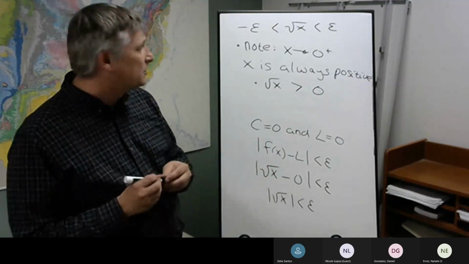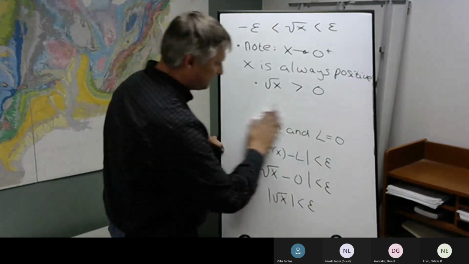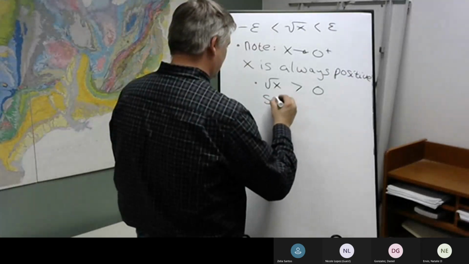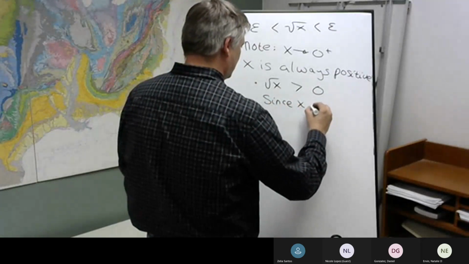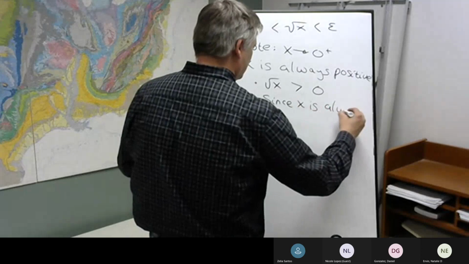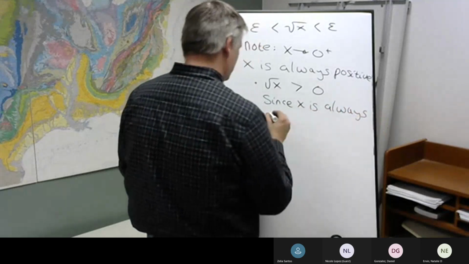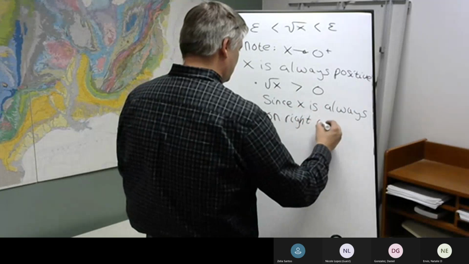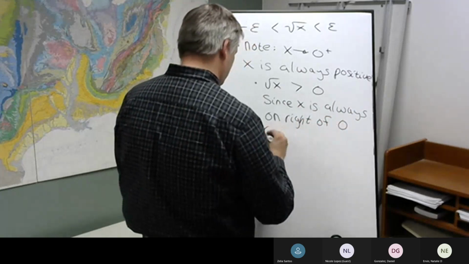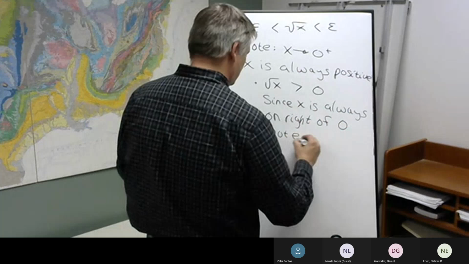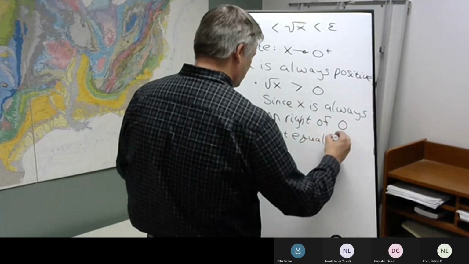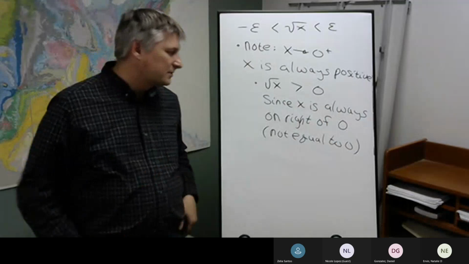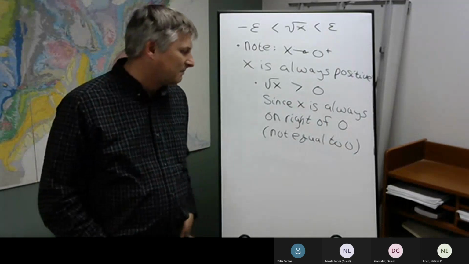Square root of x is always greater than 0.